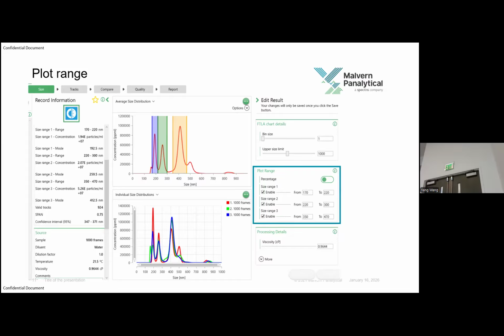And you can set up 3 different gates if you wish. And then it'll report the concentration of those ranges, or if you toggle the percentage option, it'll convert that to a percentage of the total population.